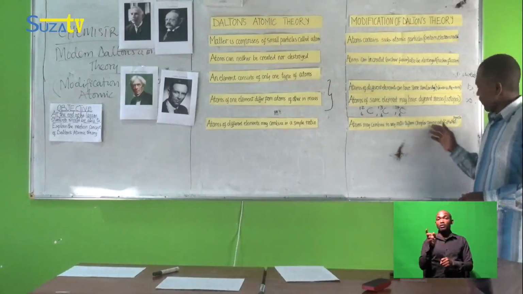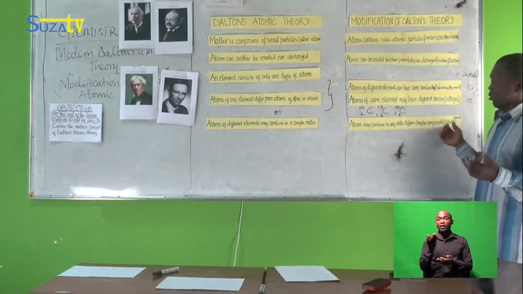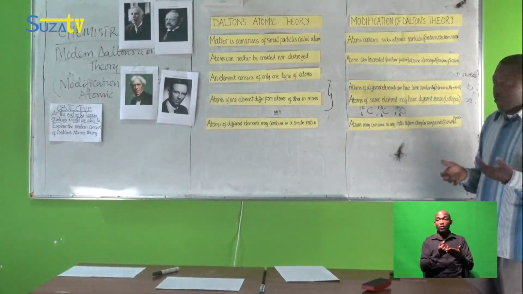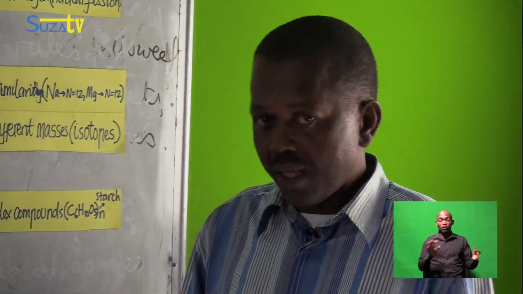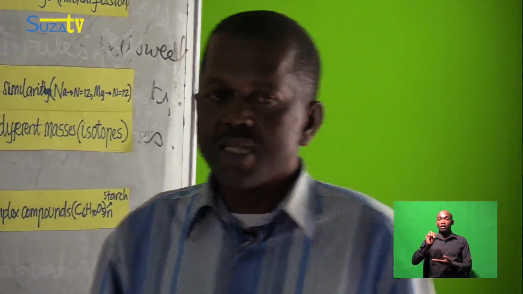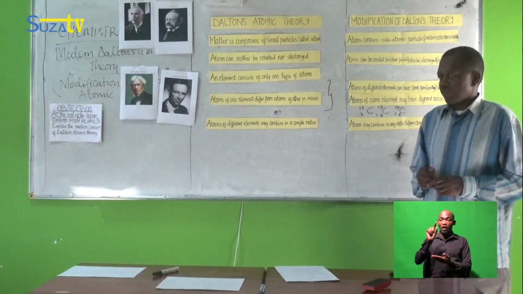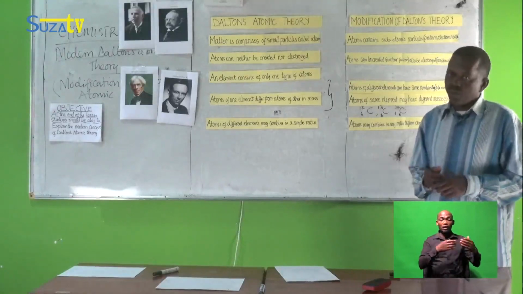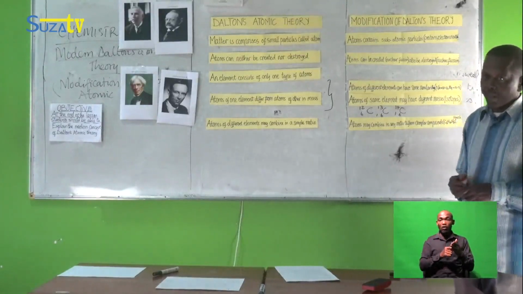But here, we have seen that in any ratio, because some compounds may contain a higher number of atoms and some a lower number of atoms. And that's why we call it an example of a complex compound.